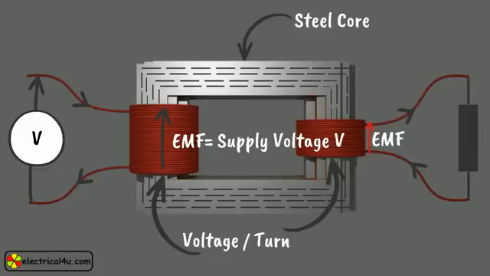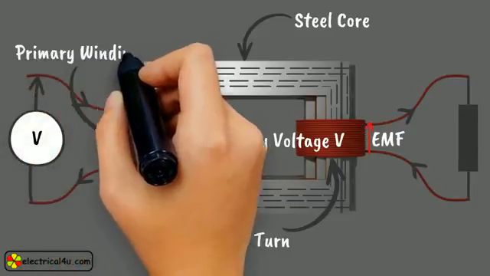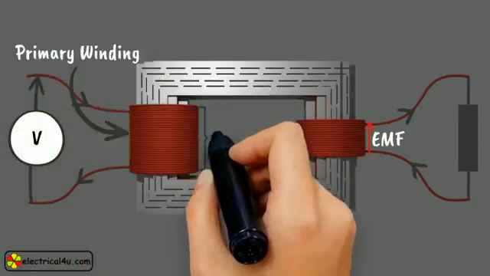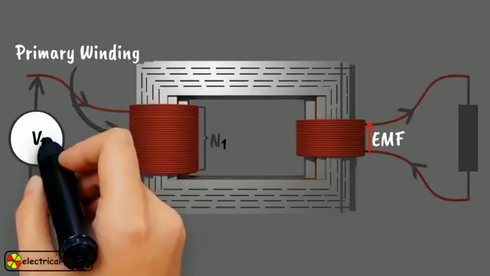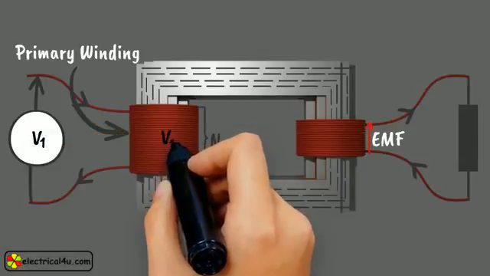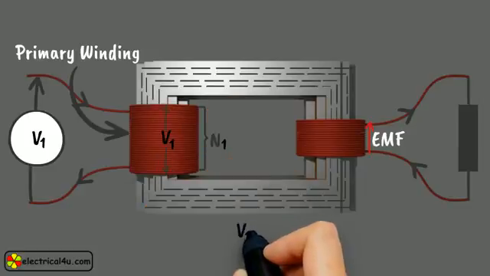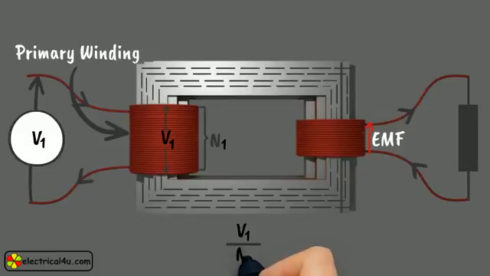As this first winding is connected with supply, it is referred to as primary winding. Now, if this primary winding has N1 number of turns and supply voltage or induced voltage across the primary winding is V1, then voltage per turn in the primary winding is V1 by N1.